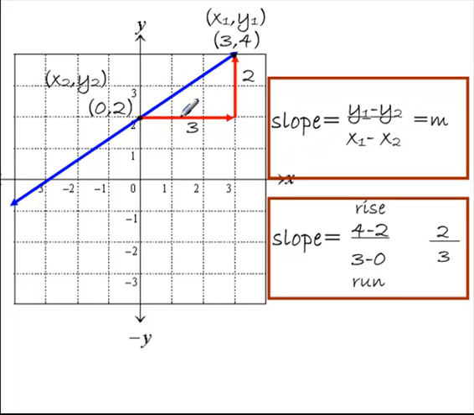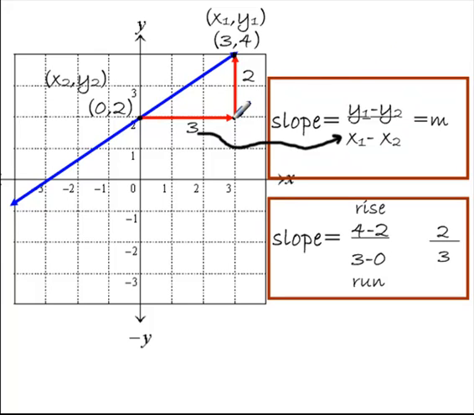And notice since I moved to the right 3 units, that's the change in x, I'm sorry, the change in x. Since I'm moving to the right 3 units, that is the change in x, which turns out to be x1 minus x2.